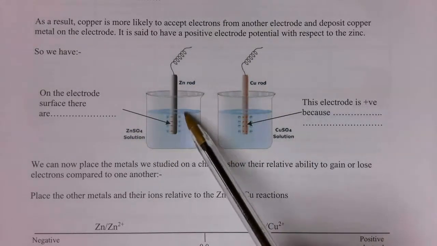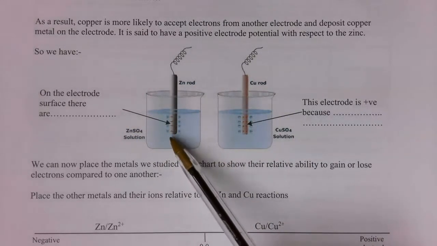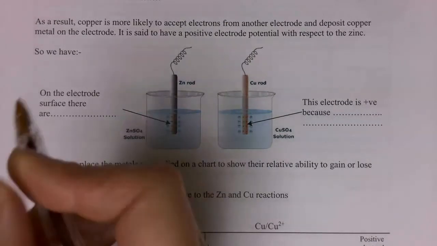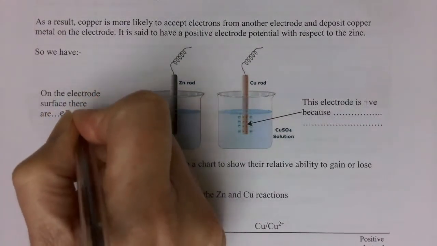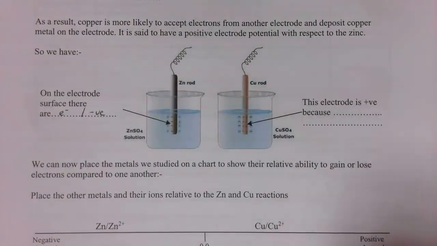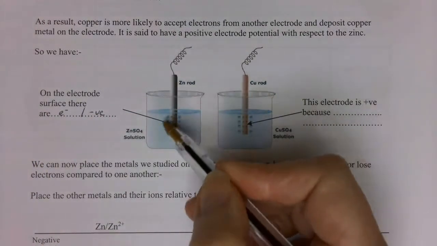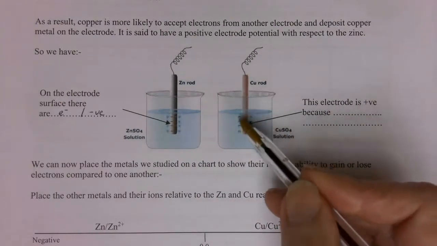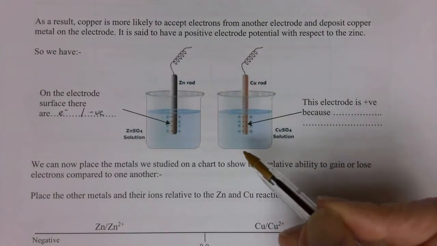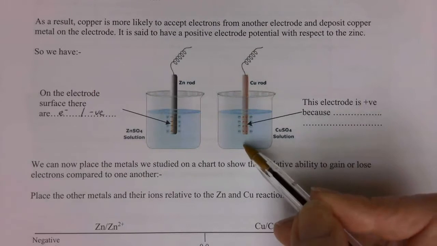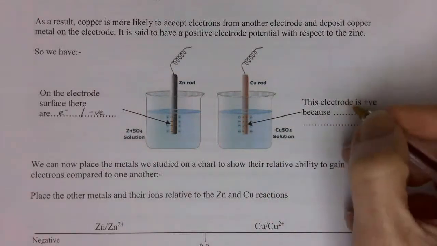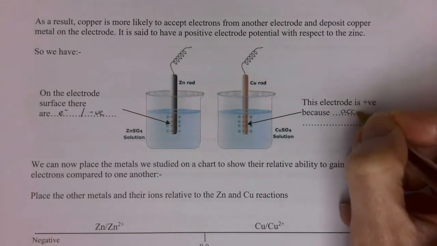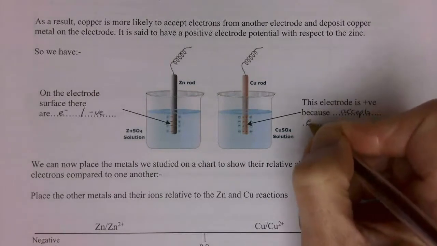Well, on the surface of the zinc here there are going to be spare electrons, so it has a negative charge. So if you like, that, remember, is my source of electrons. On the other side I have my copper rod, and that is going to be my sink of electrons. We call this a positive because it accepts electrons.